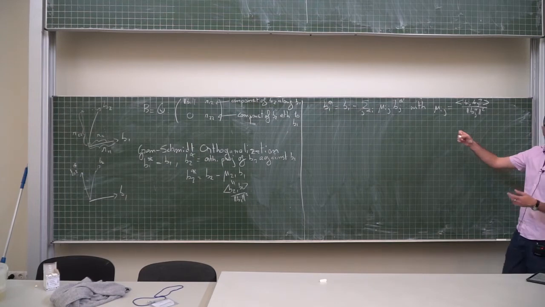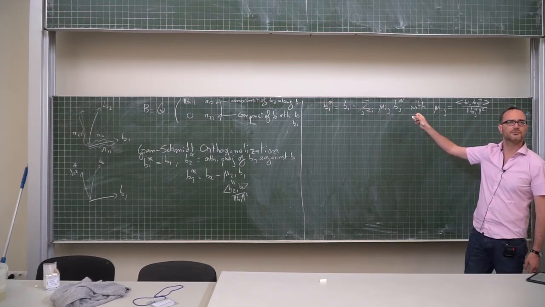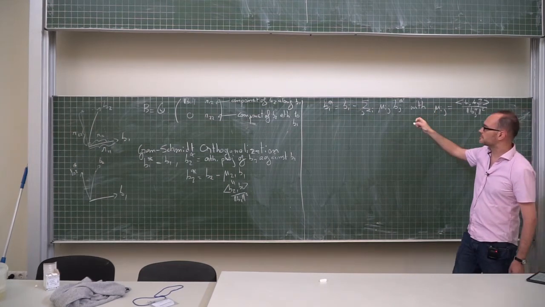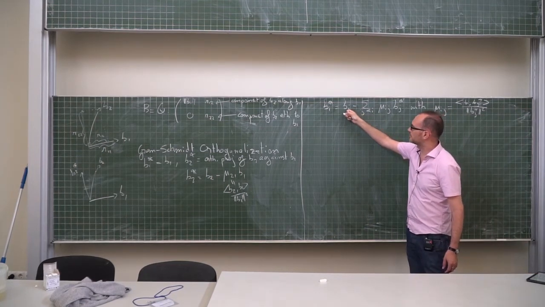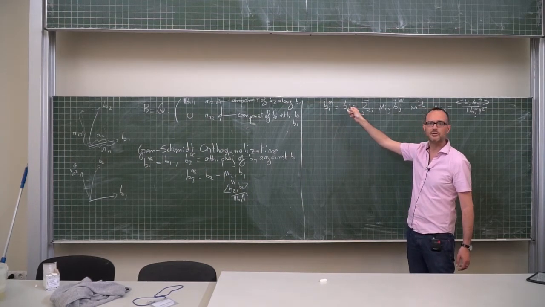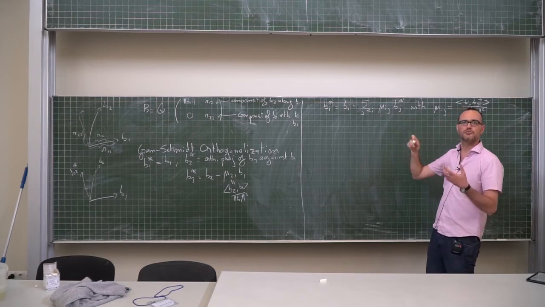Okay, and if you do it like this, you can observe that the Bi stars are orthogonal from one another. And so you can rewrite Bi as a combination of the previous Bj stars. And the mu ij's are the coefficients.